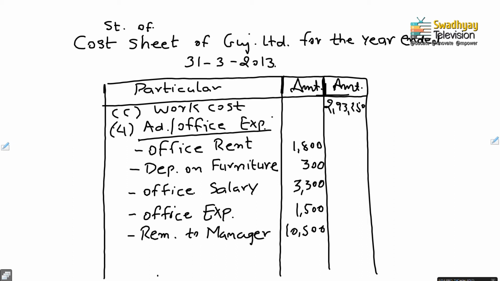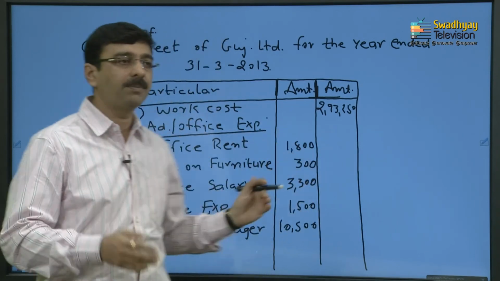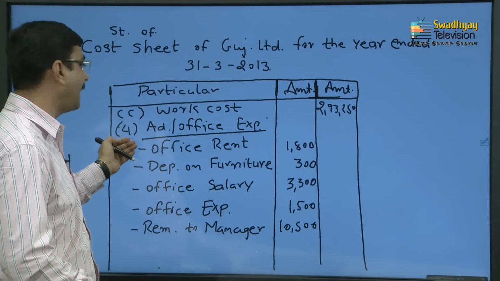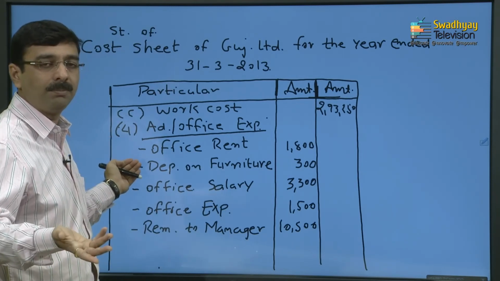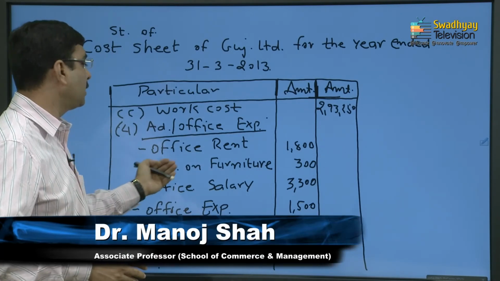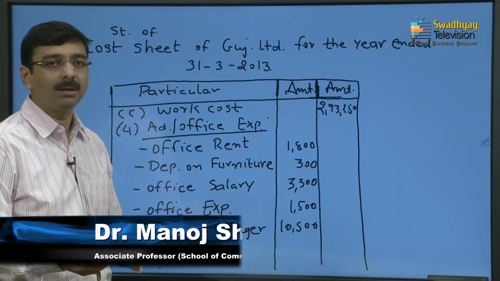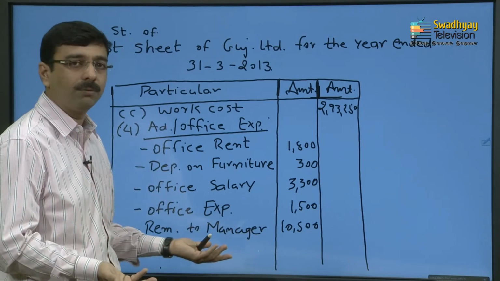So ultimately, so far as admin and office expenses are concerned, these are the expenses which you can easily identify and determine. The office rent is naturally paid for the building which is actually used for the office. Depreciation on furniture, naturally the furniture which is occupied and available in the office, and depreciation charged on this furniture would be considered under the office expense.